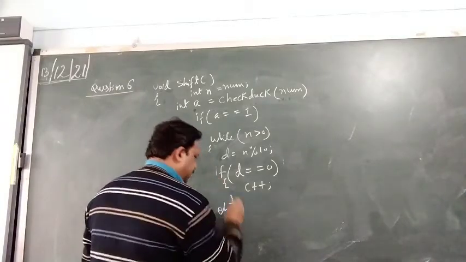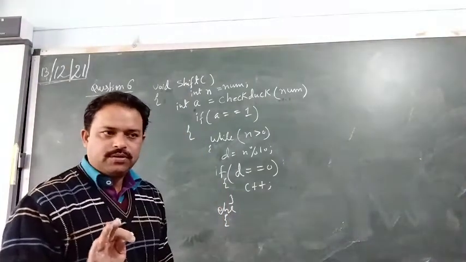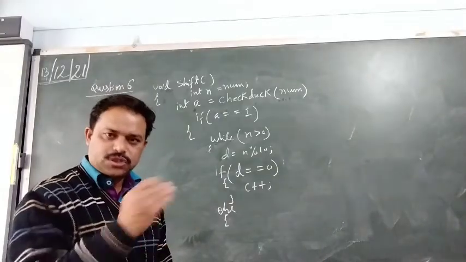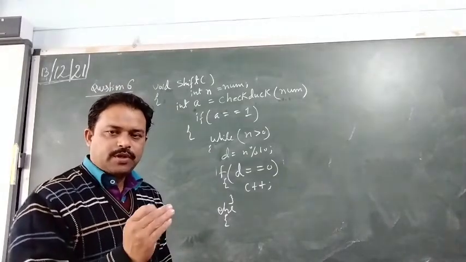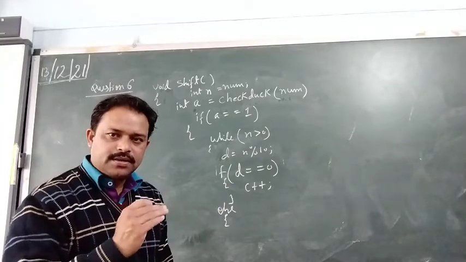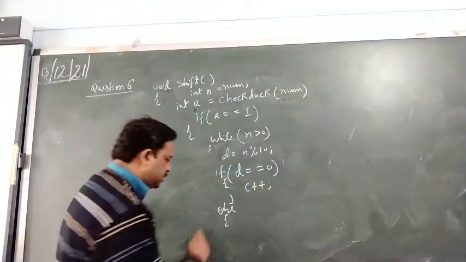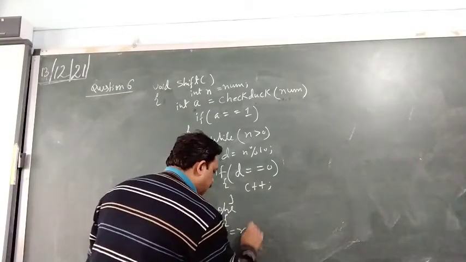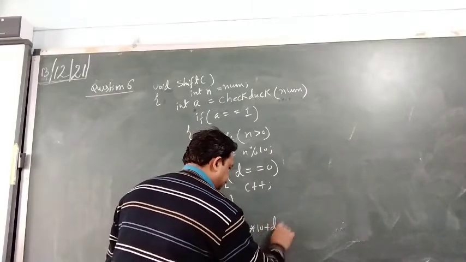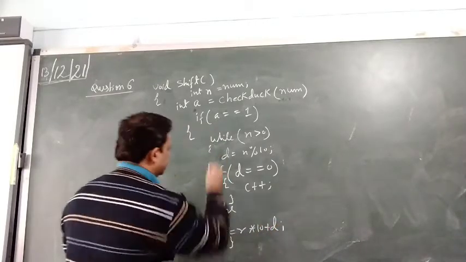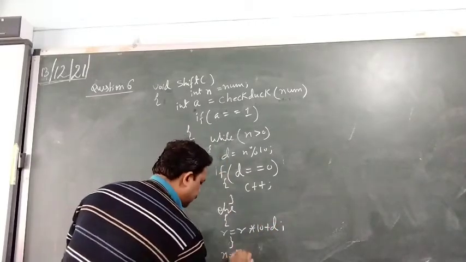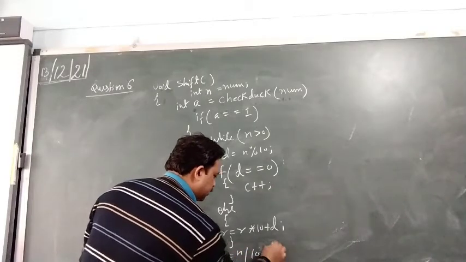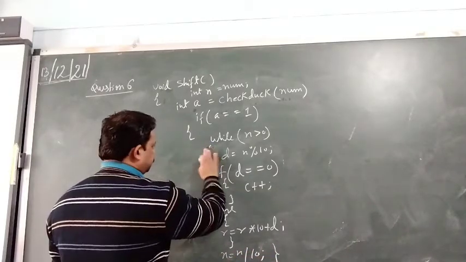And if it is not 0, then store it. In order to store all the digits, we have a logic: r equal to r into 10 plus d in else, and then update the value, n is equal to n divided by 10. Close the while loop.